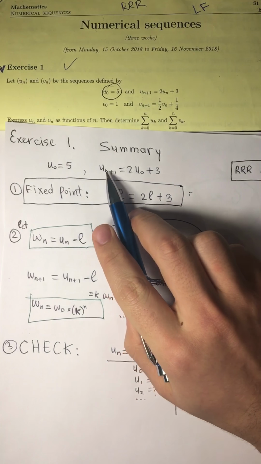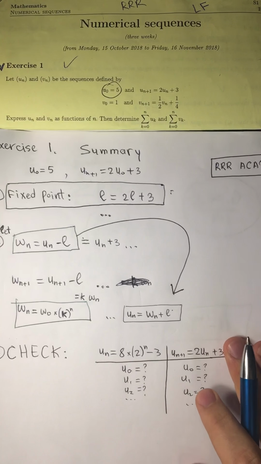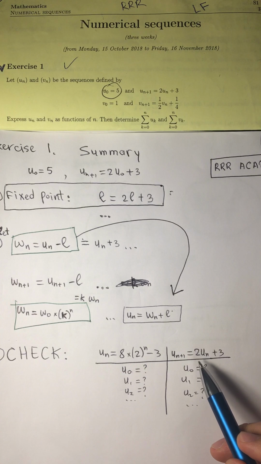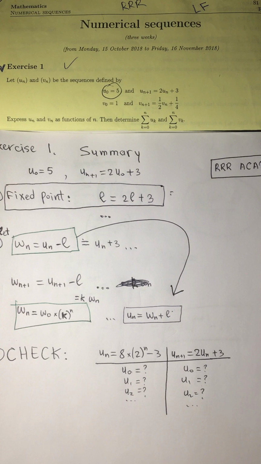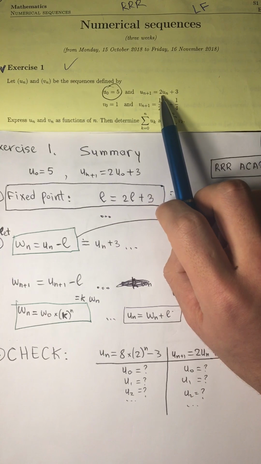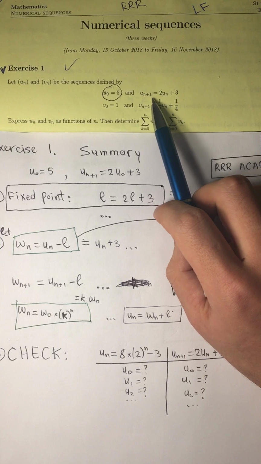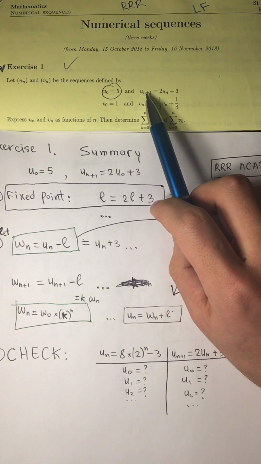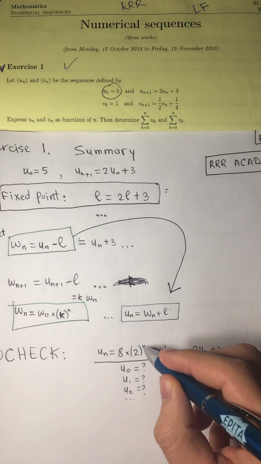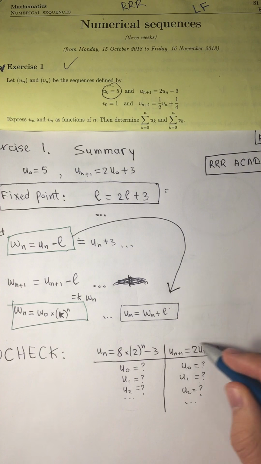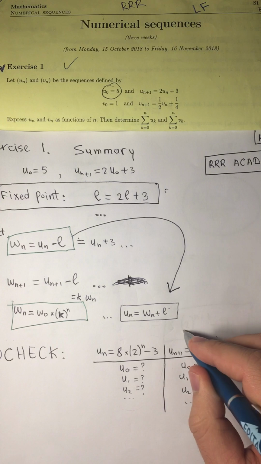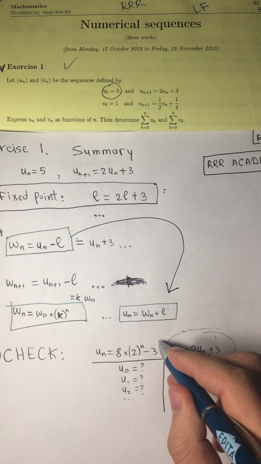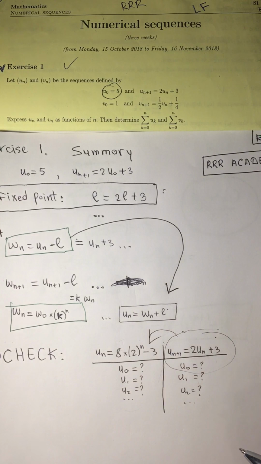The question is given in a recursive format, and we have to go to an iterative format. And how do we do it?